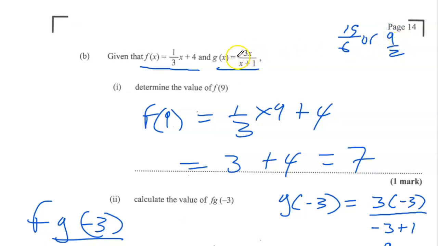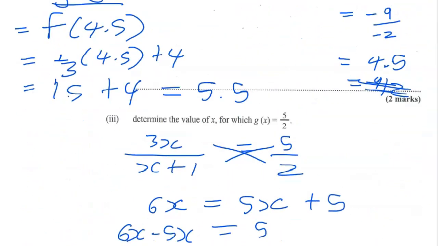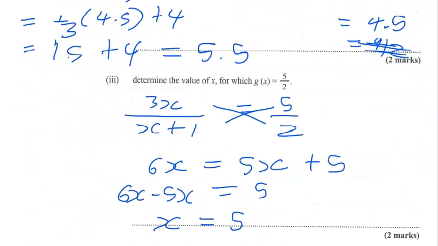So when x is 5, g of x is 5 upon 2, alright?